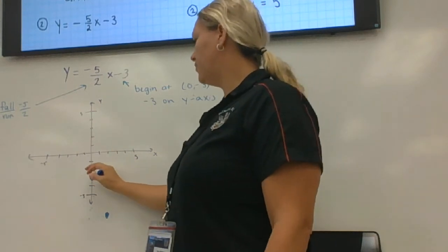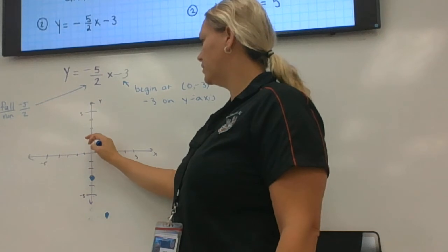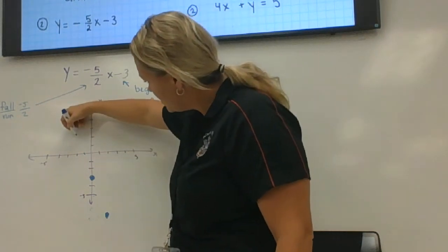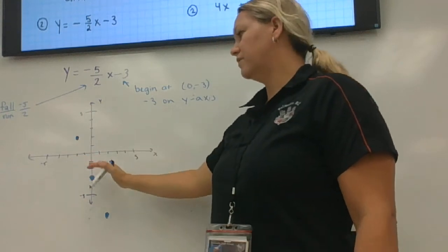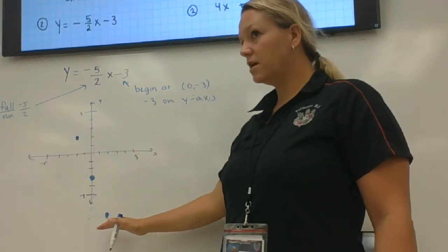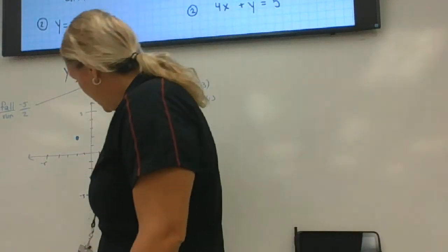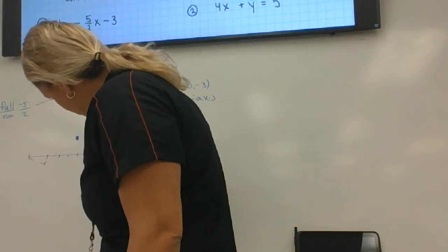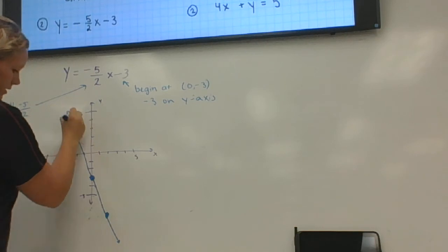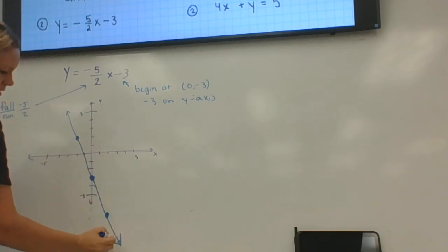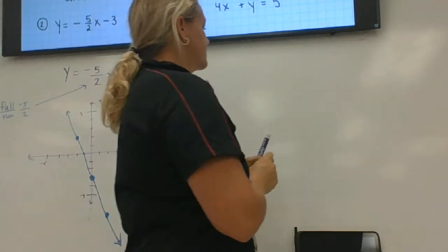So I would go up 5, 1, 2, 3, 4, 5, and then left 2. So that uses some problem solving. If you're already down low and you have a negative slope, you got to figure out how to go up and to the left in the same pattern. And there's our negative graph.